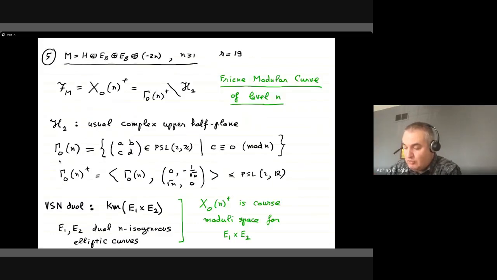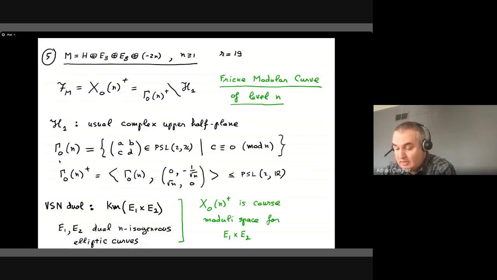So now let me go to some actual examples to see how high polarizations lead to nice moduli spaces and strong connections to modular forms. I'm going to start with perhaps the simplest example, the situation when I consider a lattice polarization of rank 19. The K3 lattice is hyperbolic plus hyperbolic plus hyperbolic plus 2E8.